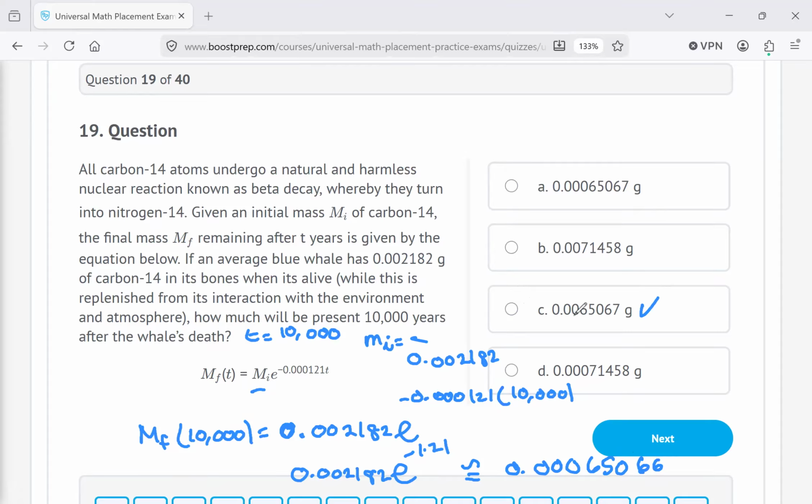So it looks like C, right? Or wait, no, 650. Yeah, it looks like it's A, not C. Yeah, it looks like letter A.